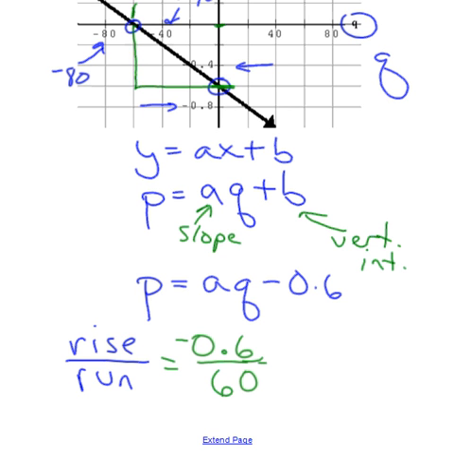Now I said in the last thing that I wanted you to leave things as fractions. One exception to that is we don't like fractions that have decimals inside the fraction. So we're going to go ahead and divide this one out. And when you divide it out, negative 0.6 divided by 60 gives you negative 0.1.